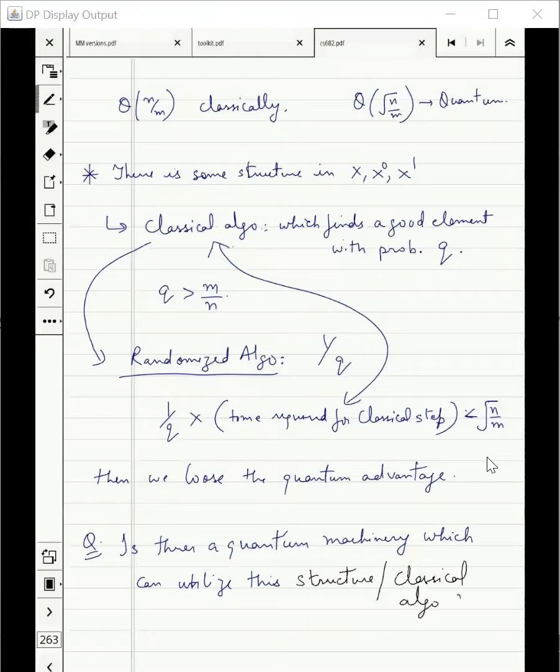This is the question we are asking. And it turns out we can, and we will again get a quadratic advantage.